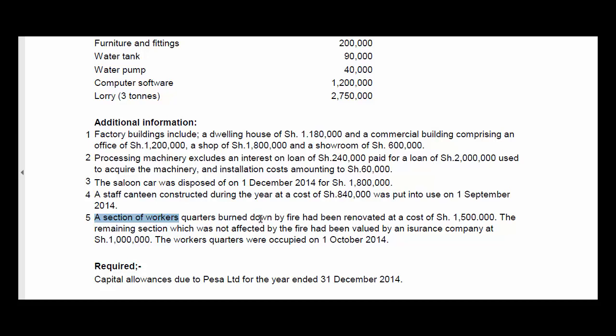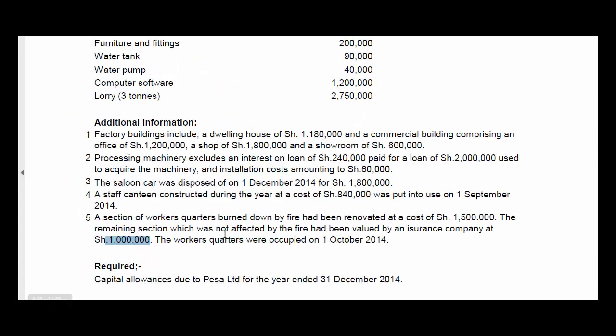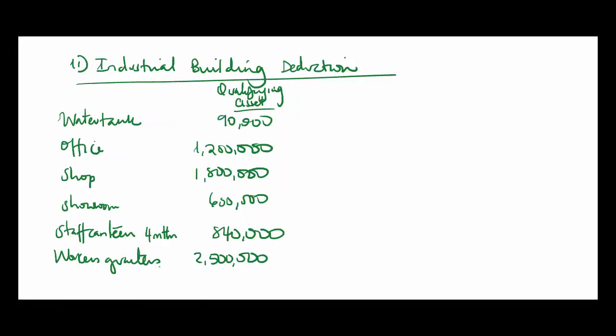The quarters of the workers have been renovated, 1.5 million. The other part is 1 million. So coming to a cumulative of 2.5 million. When did they start using these? On 1st October 2014. So that means that we are dealing with 3 months.